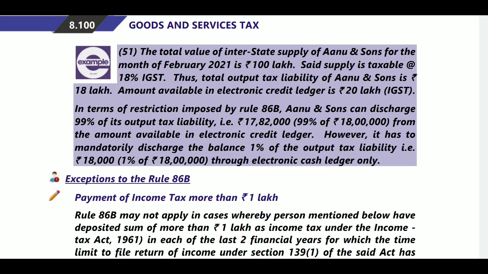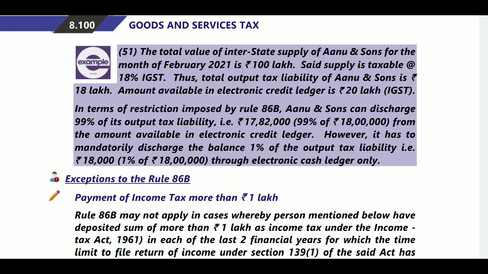Against the 18 lakhs, the amount available in the electronic credit ledger is 20 lakhs. So he is eligible to use 20 lakhs, but as per rule 86B, he cannot utilize the credit ledger fully. He must pay some cash to the government.